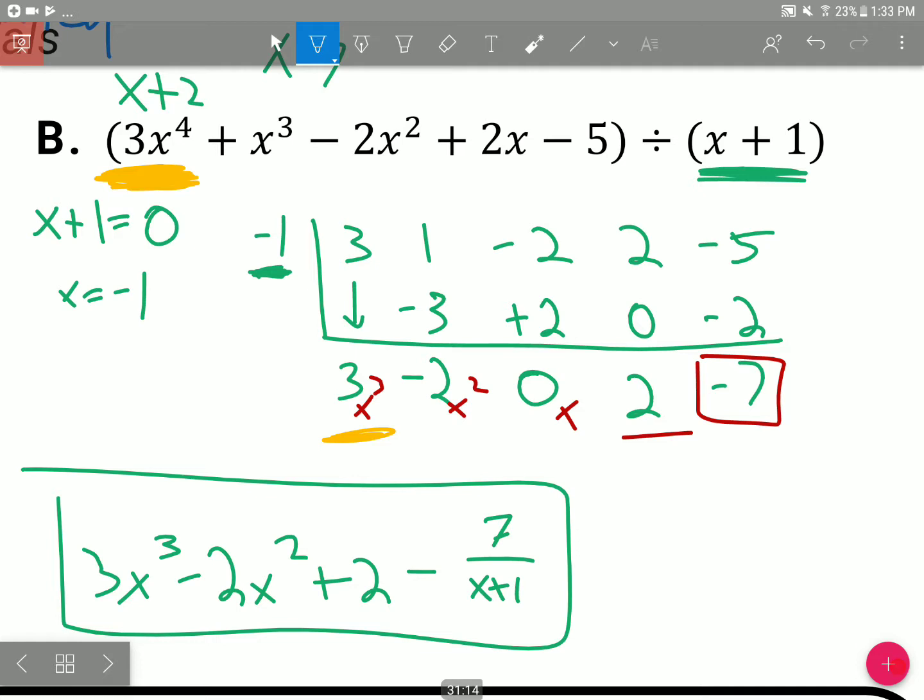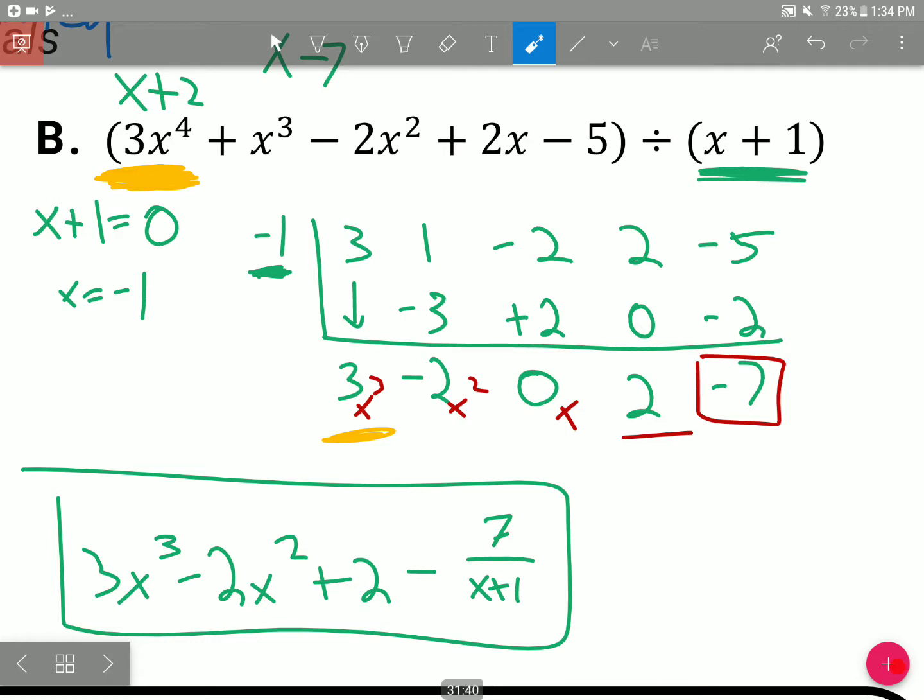How did I put +2? Well, here's the deal. I got a 0 right here, right? Do you ever write plus 0x? No. It would just be like writing +0, so I don't need that. I need it when dividing because it's my placeholder, but I don't need it when I actually write my answer. Cool?